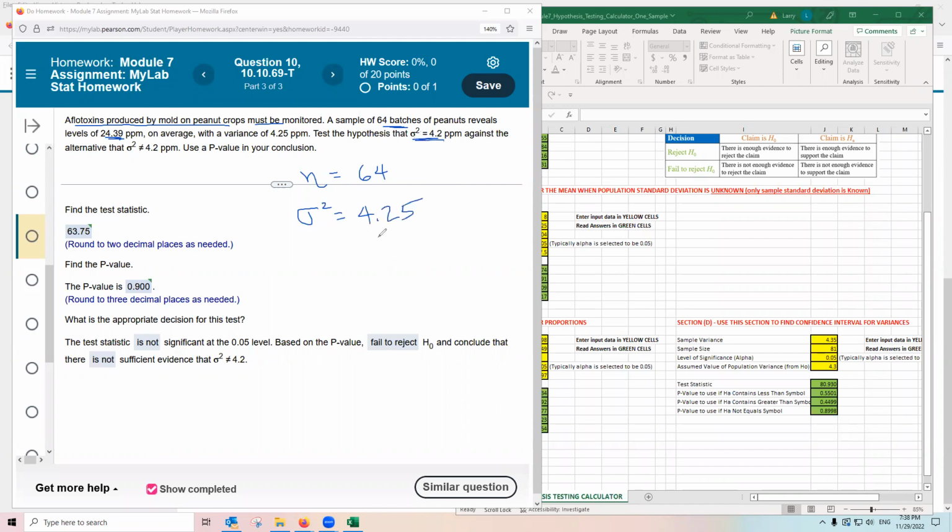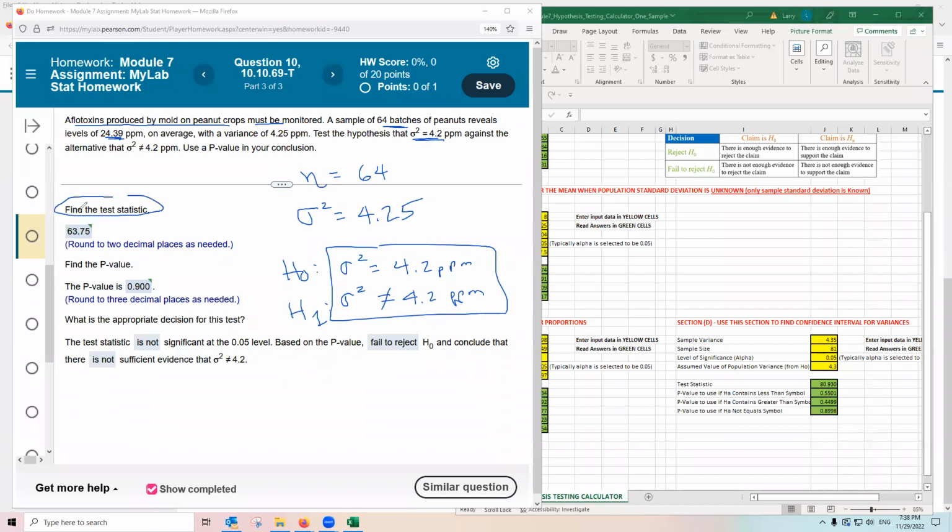Test the hypothesis that sigma squared equals 4.2 ppm against the alternative that sigma squared is not equal to 4.2 ppm. So they're really giving us the setup of the null and alternative. So here's the null, and here's the alternative. And it says find the test statistic to begin with.